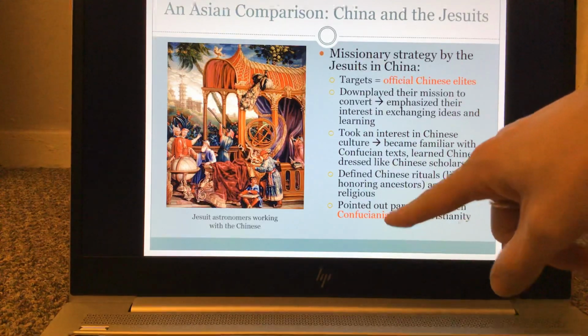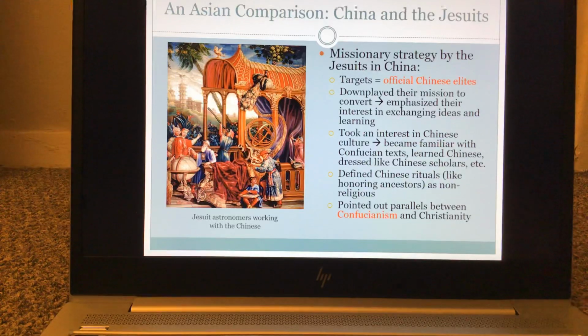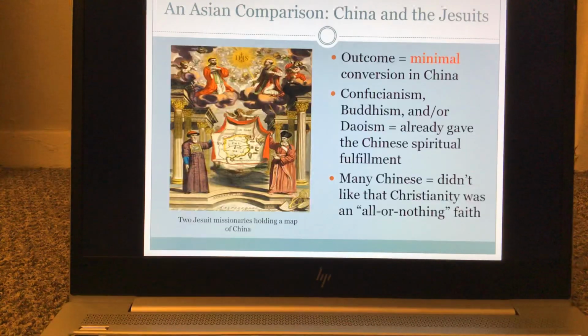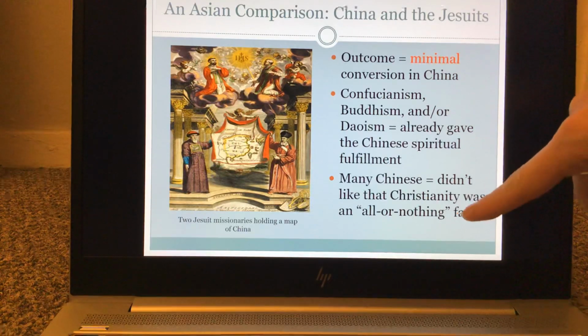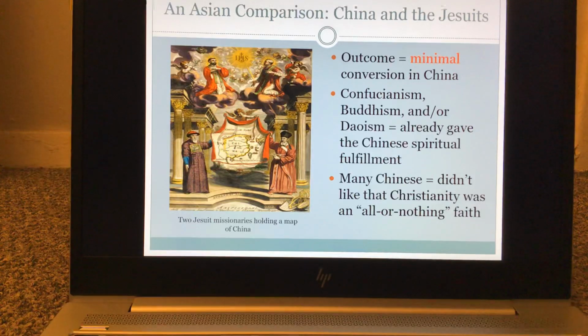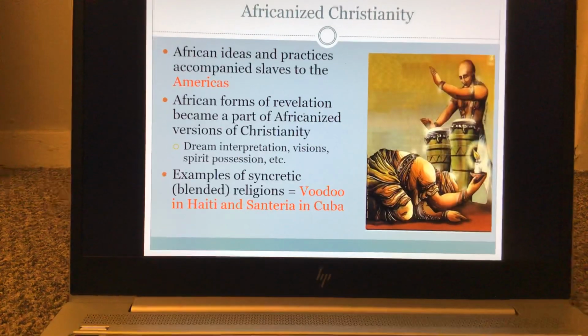They tried to make connections between Confucianism and Christianity, and downplayed the worship of ancestors, trying to make it non-religious. But it doesn't work. Again, it's because they are spiritually fulfilled, and Christianity is an all or nothing faith. If you're not going to believe that Jesus Christ died for everyone's sins, you're not going to be able to practice this faith.